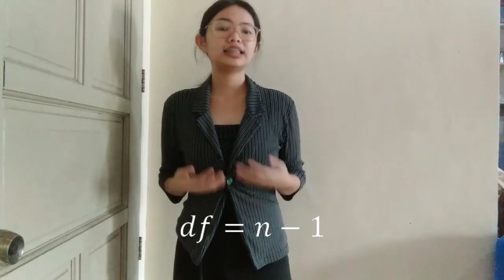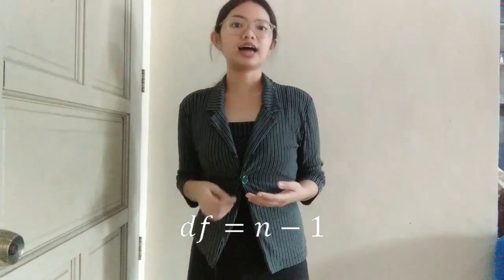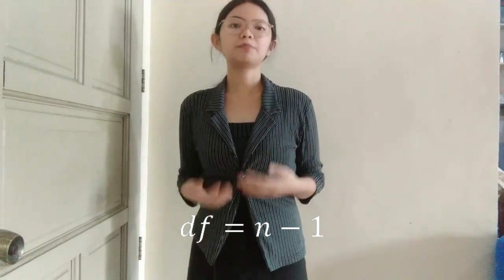The formula for the degrees of freedom is as follows. df is equal to n minus 1, where df is the degrees of freedom and n is the sample size. It also isn't just one curve, but a family of curves determined by the degrees of freedom.